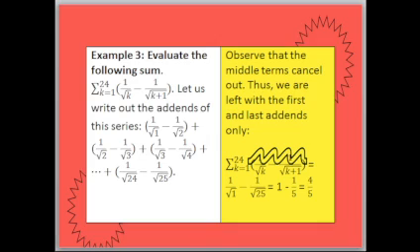So we have 5 over 5 minus 1/5. So they are already like fractions. They have the same denominator. So we can subtract them. So 5 over 5 minus 1/5 is equal to 4/5.